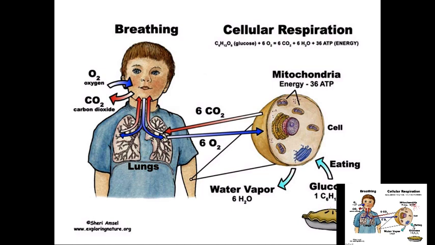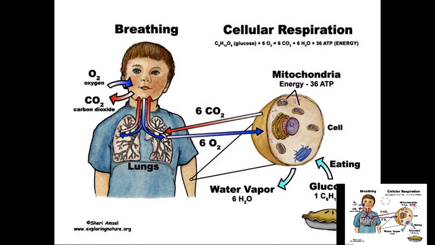We're taking glucose down here at the bottom, and we keep oxidizing, we keep breaking down glucose, which is really a 6-carbon sugar. 1, 2, 3, 4, 5, 6-carbon sugar.